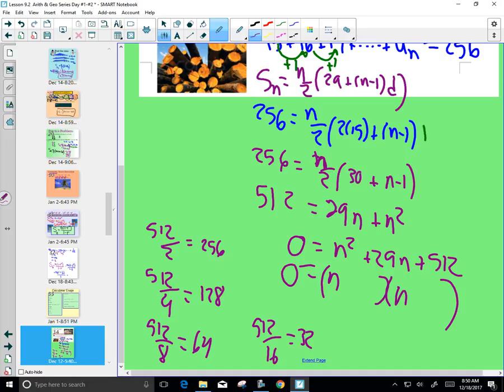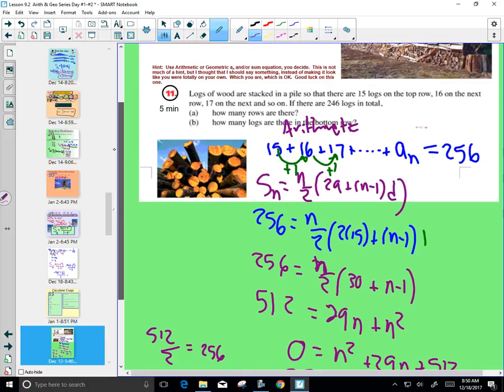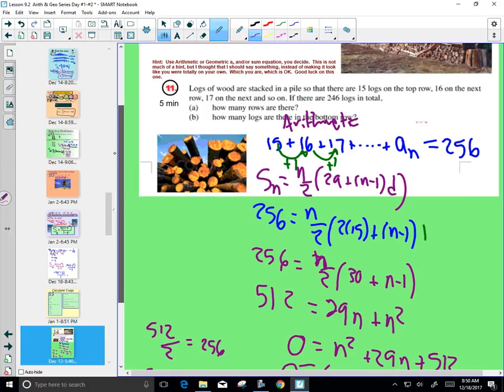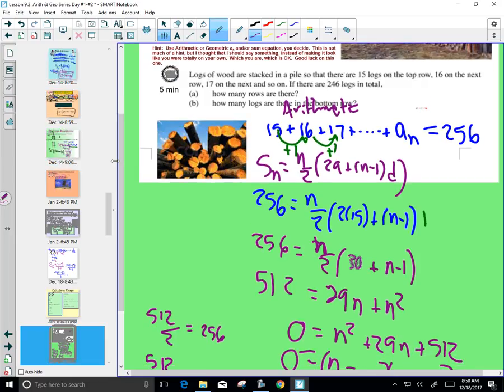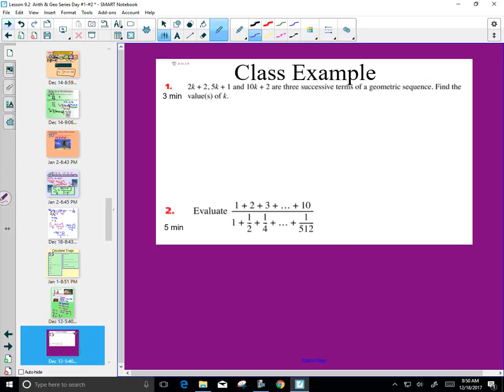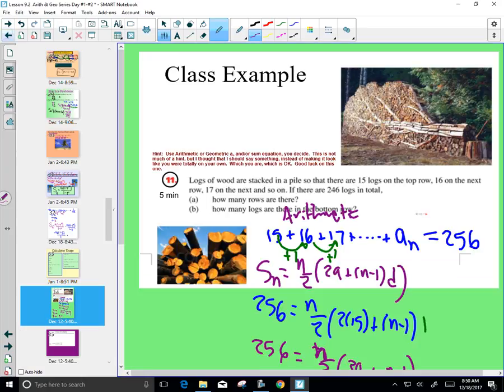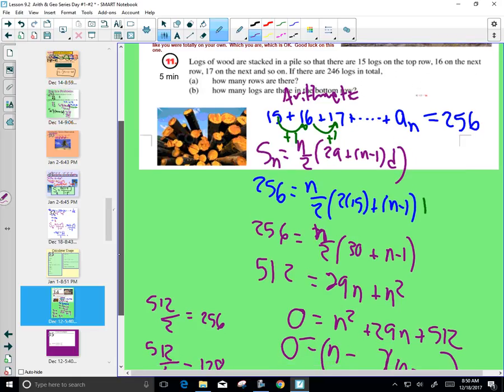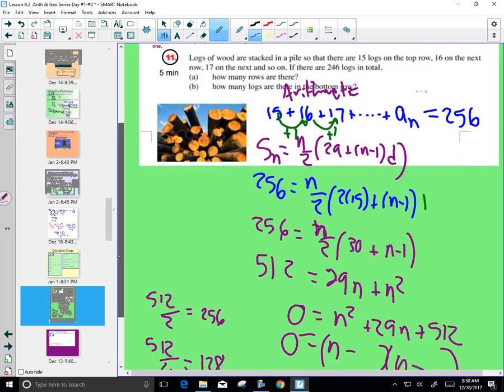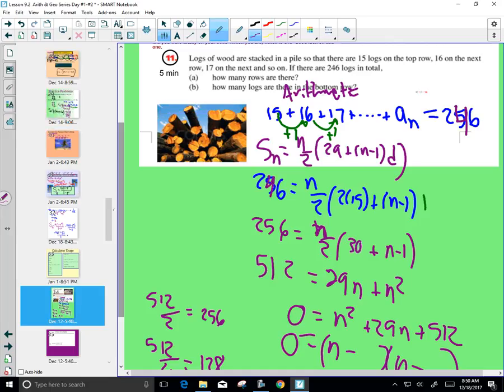I thought this would factor a little bit better so that you could find out what n is, but that's what you would do, and then you'd know how many rows there are, and then you could find out how many on the bottom row. And I thought it turned out to be a nice number, but maybe not. Oh, 46. Oh, right away we got that messed up.